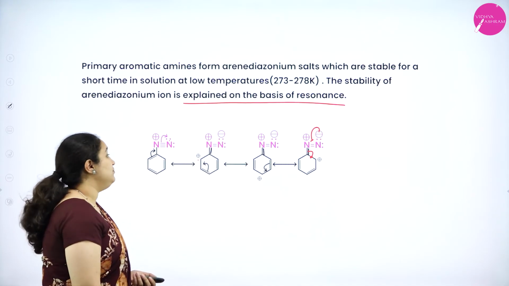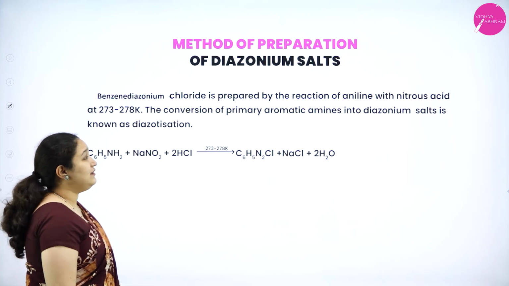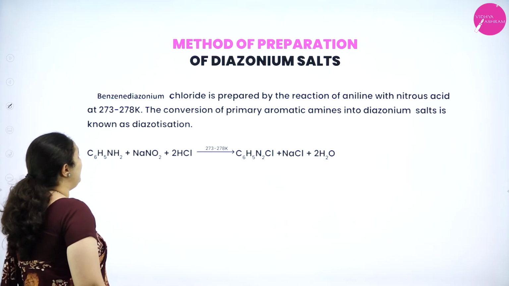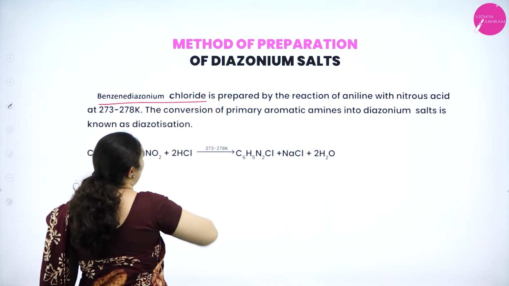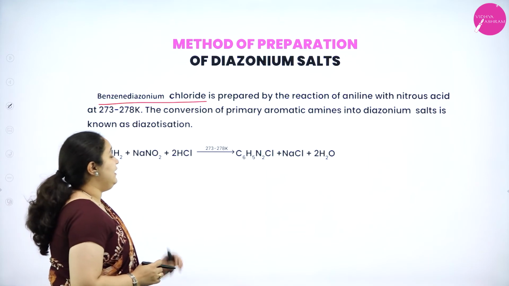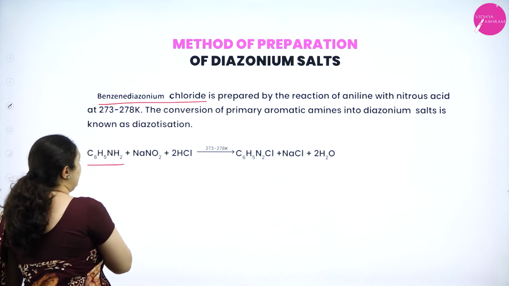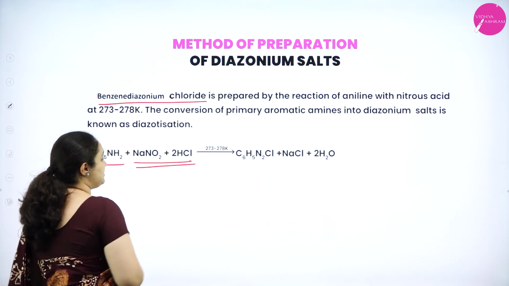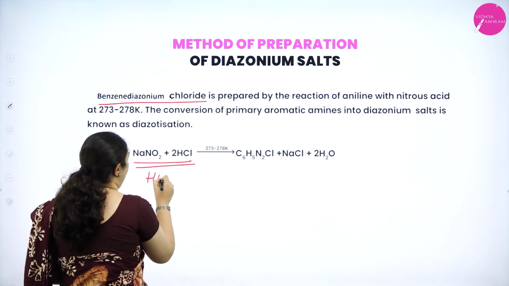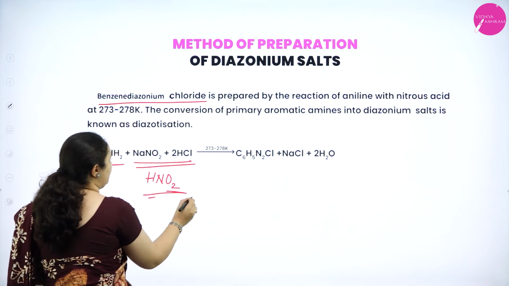Next is the method of preparation of diazonium salts. Benzene diazonium chloride is prepared by reacting aniline with nitrous acid. NaNO2 with HCl forms HNO2, which we call nitrous acid.